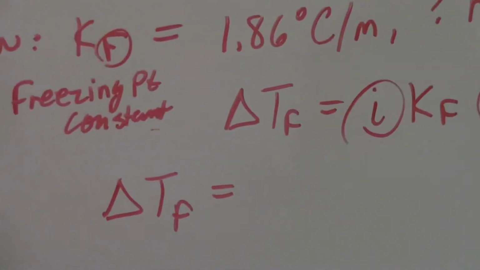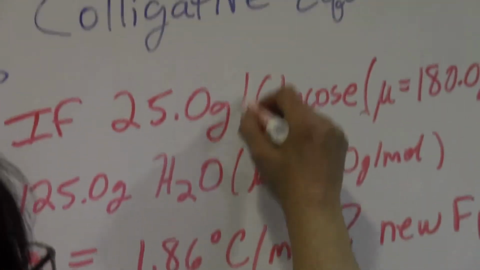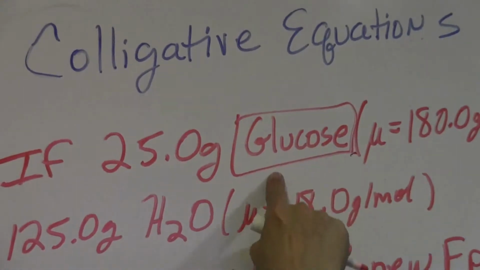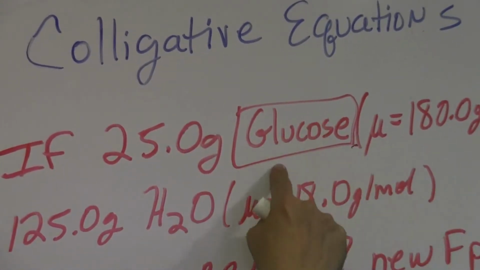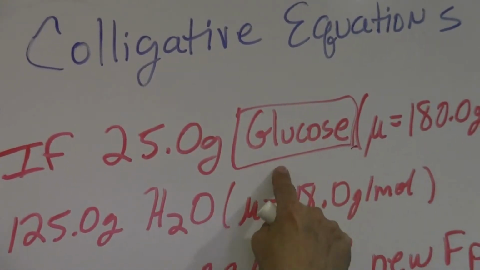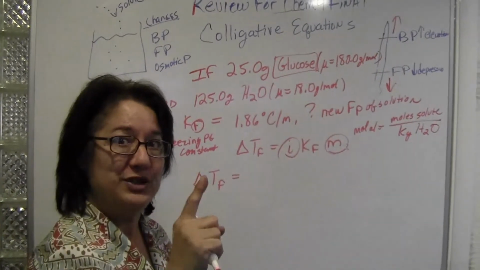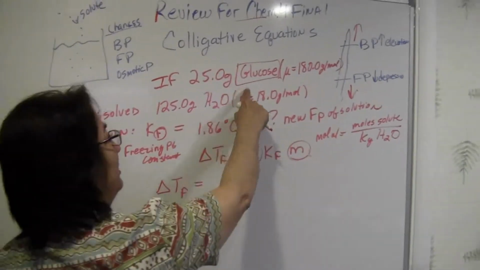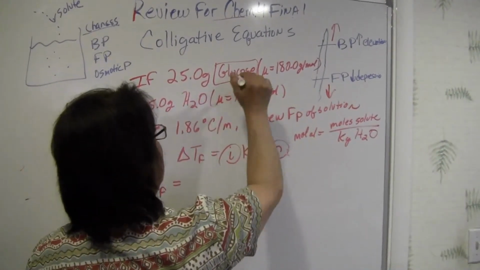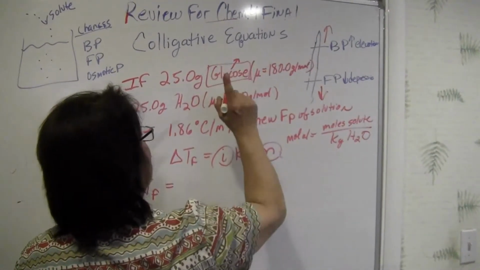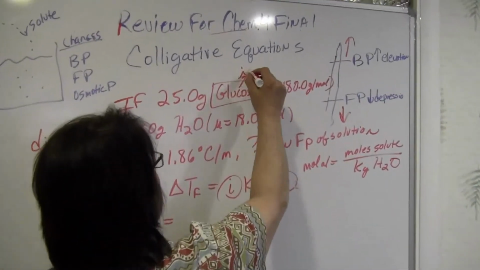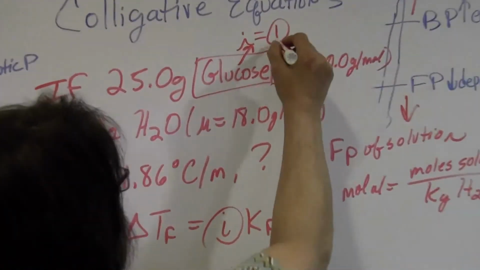Now what's i? Look at the compound. Is it a strong acid, a strong base, a polyatomic ion, an NH4 salt? Or is it a sugar or a protein? If it's a sugar, like glucose, or a protein, it's not going to separate into positive and negative ions. It's going to stay whole as one particle.